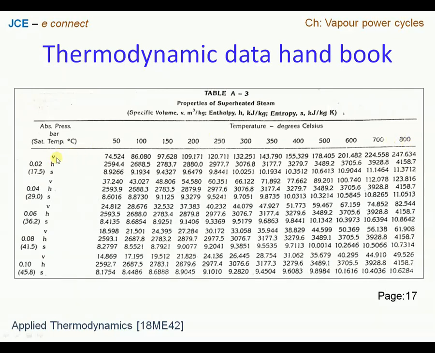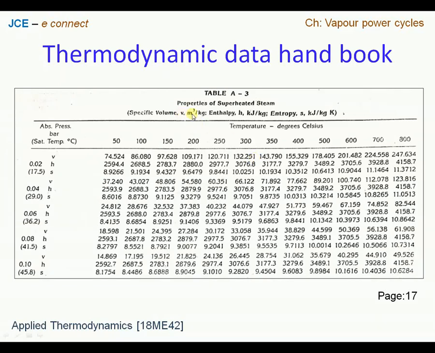Then moving further, we can see here a specific volume given to us. This entire row corresponds to specific volumes for the given temperatures listed above. So for 300 degrees Celsius, for example, the specific volume at the corresponding pressure and temperature will be 132.251 meter cube per kg.